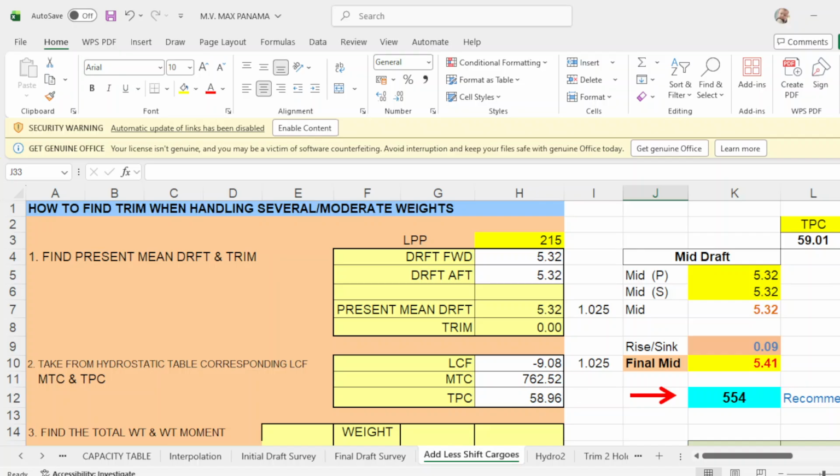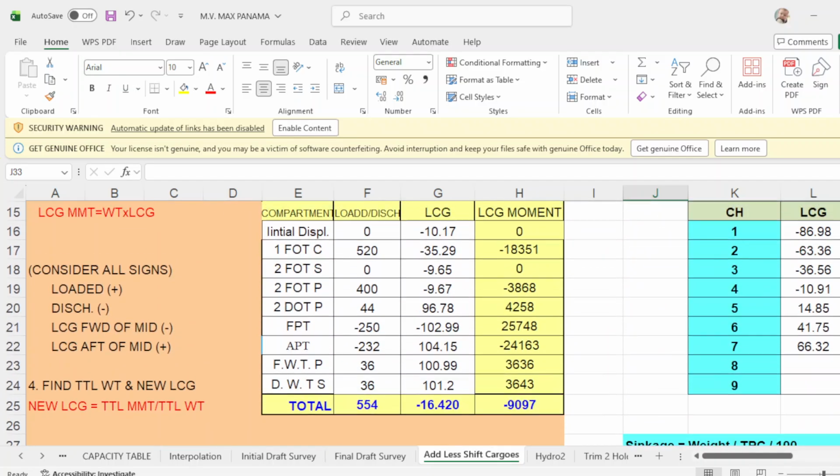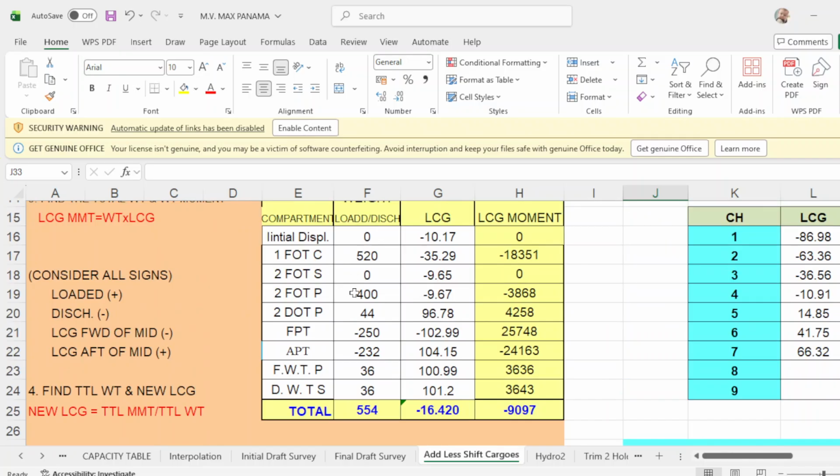Okay? Then you put all the weights that you're going to discharge. You're going to load ballast of this one, 520, FO2 444 DOT. You discharge for peak of 250, after peak is 320, and you add your fresh water of drinking and water.